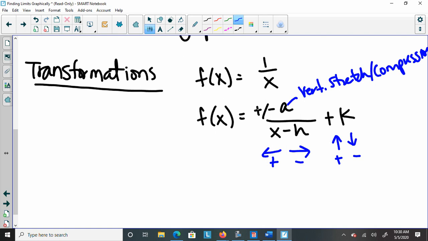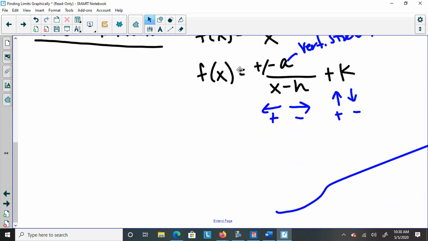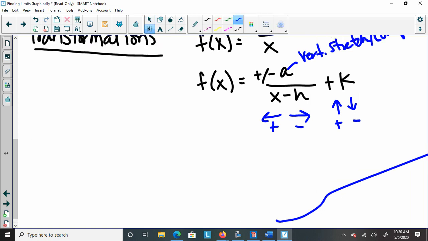Okay. If your graph is positive, I'll draw this over here. Oh, yikes. I'll move that. If you have a positive graph, the graph will be drawn in this fashion, where the two sections of your graph that actually get sketched are in quadrants 1 and 3.